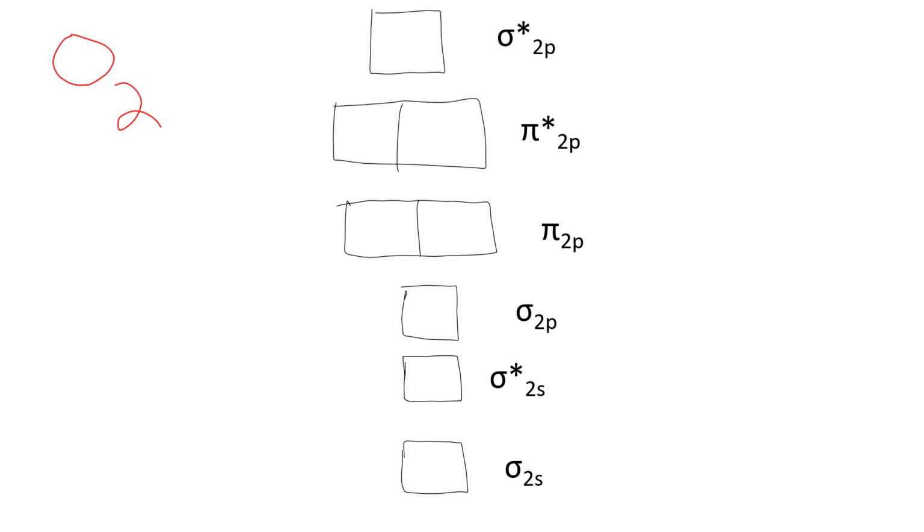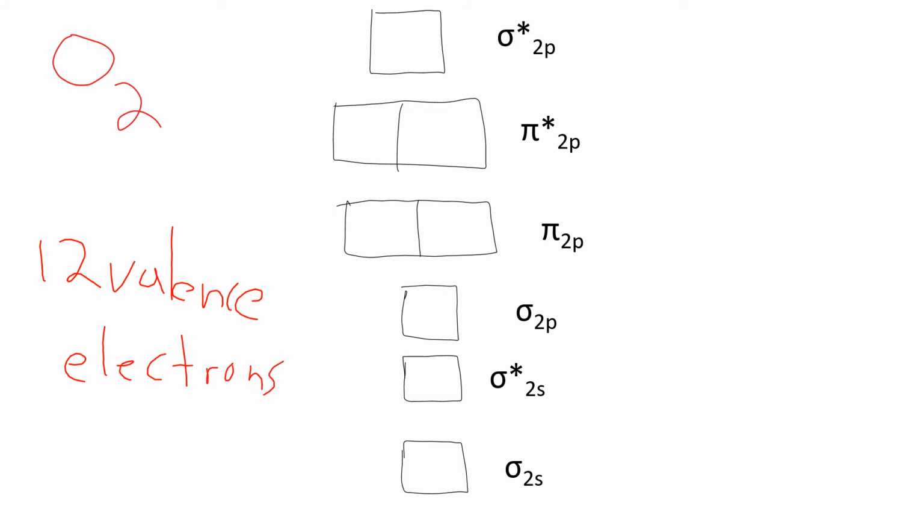You're going to count up your valence electrons. Each oxygen has 6, we have 2 of them, so that's 12 valence electrons. We have the new ordering of the orbitals, so we just have to fill them up, lowest energy to highest energy again.